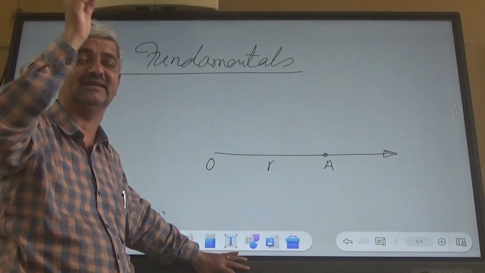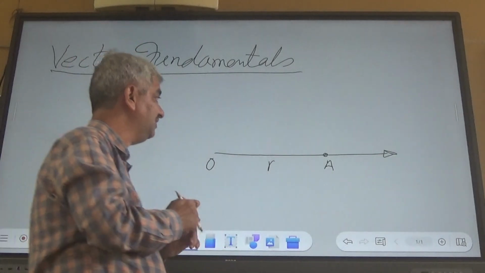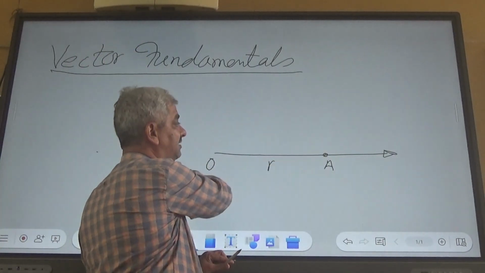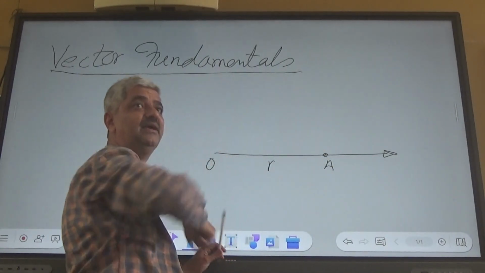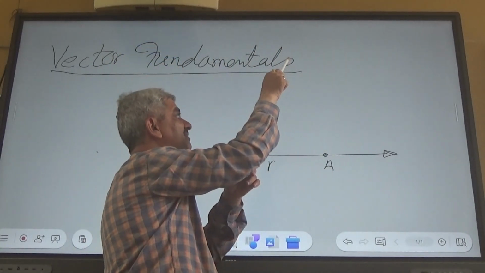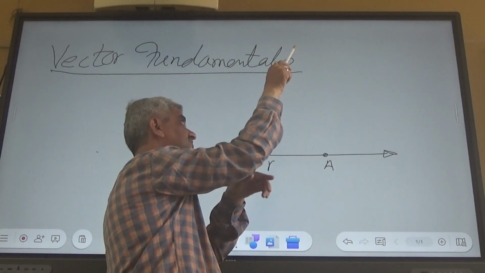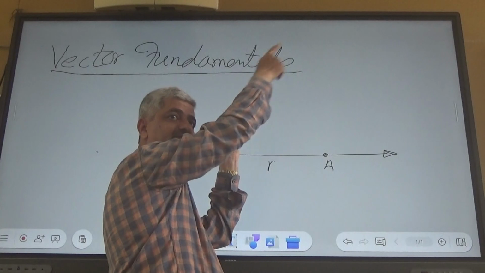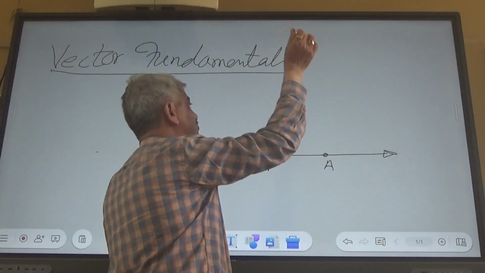Now when I advance a step further to 3 dimensions, what happens? Earlier A was restricted to be here or here, anywhere on this axis. Now it can be anywhere in this plane, anywhere here. So if A is here, how will I measure? One way is that I will find this length first, then from this I will project it here.